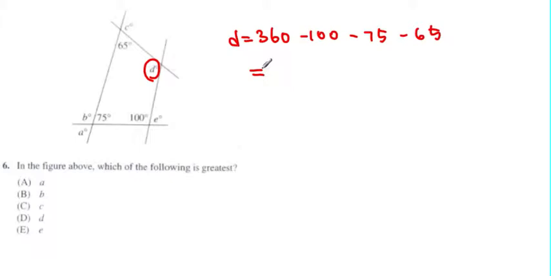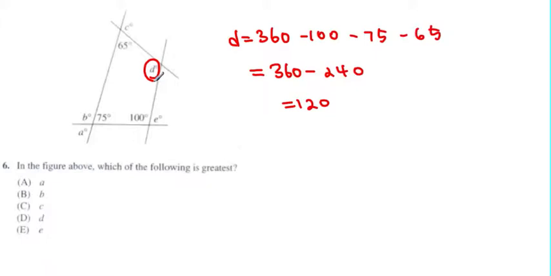Then in fact, let us see what we end up getting. Here, that's equal to 360 minus 240, which will be equal to 120. So therefore, our answer will be yes, D seems to be the greatest.